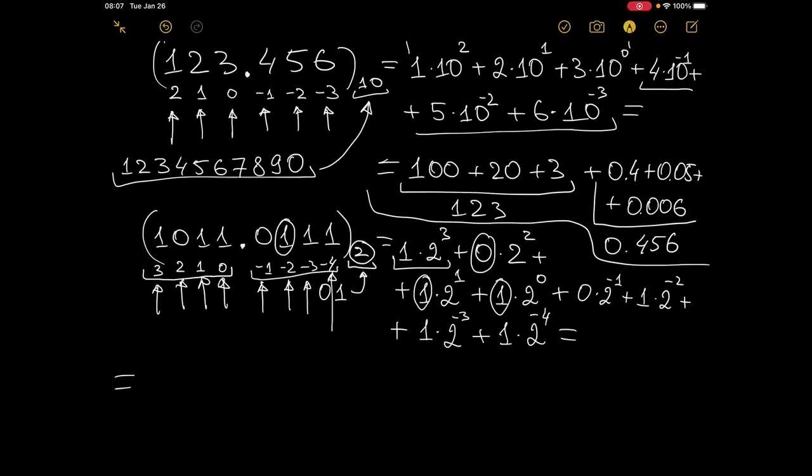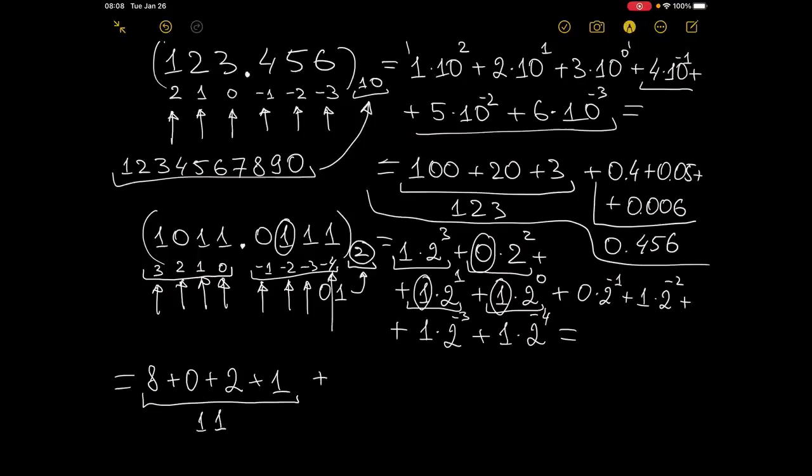So how can we represent it? This is 8 plus 0 plus 2 plus 1. So altogether, this will give us 11, right?